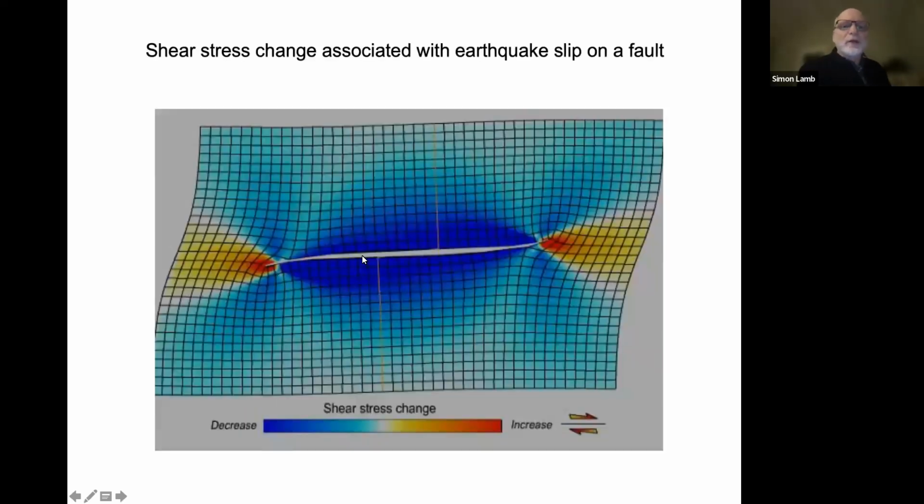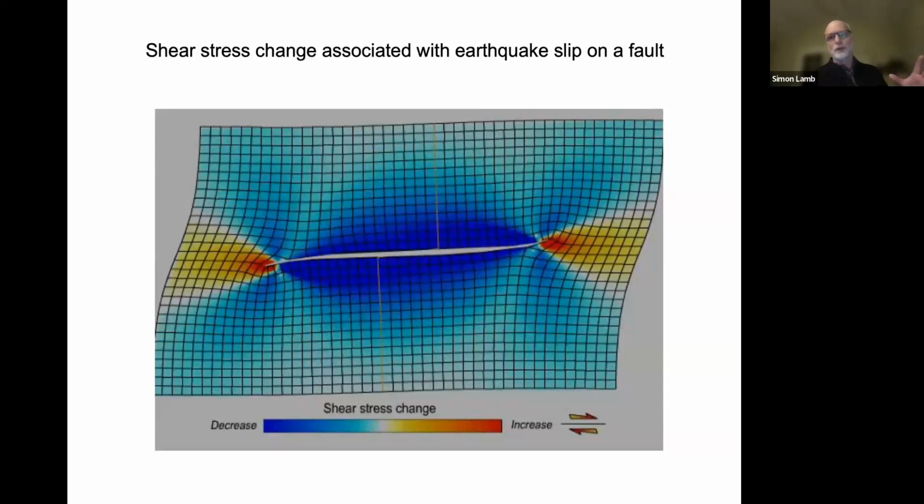But if we just think about the stress change that takes place during an earthquake, then basically we get slip on the fault. And as I said, that slip is basically transferring elastic strain that's taking place over a wide area into localized deformation on the fault.